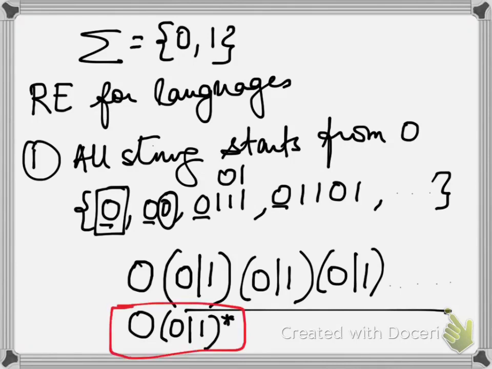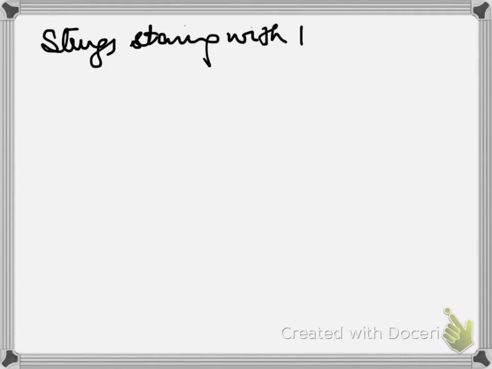In the same way we can write for strings starting with 1. I can write this as 1 followed by (0 or 1) star, where the star means 0 or more times.